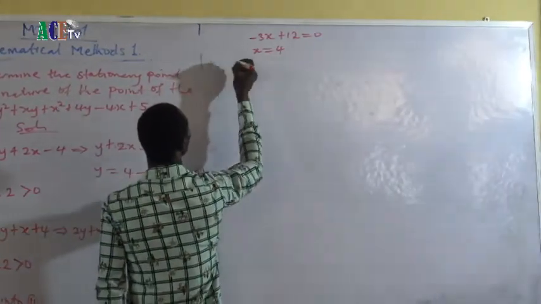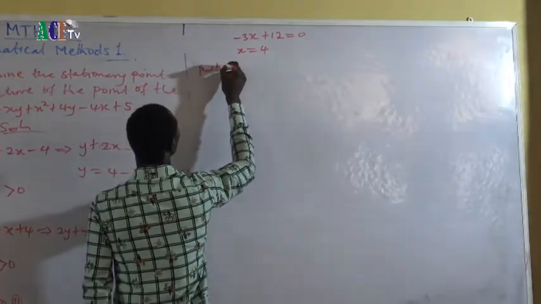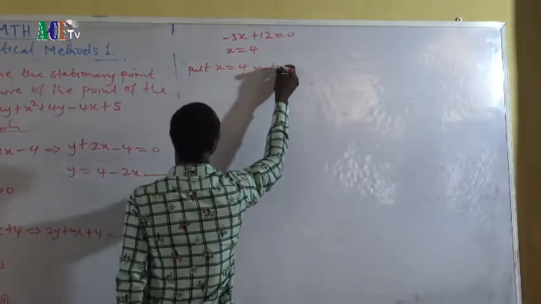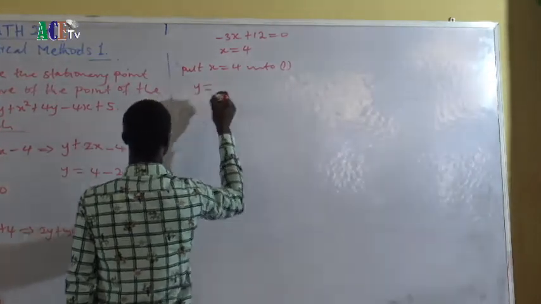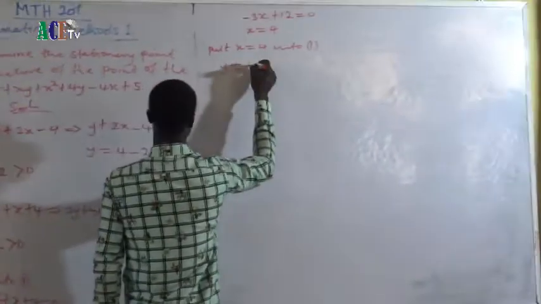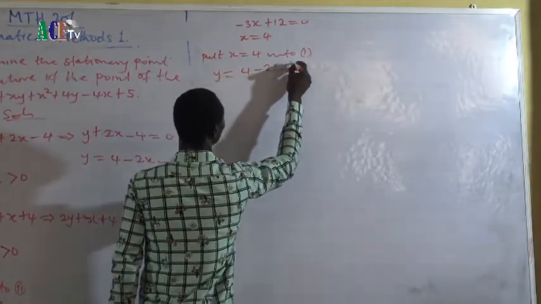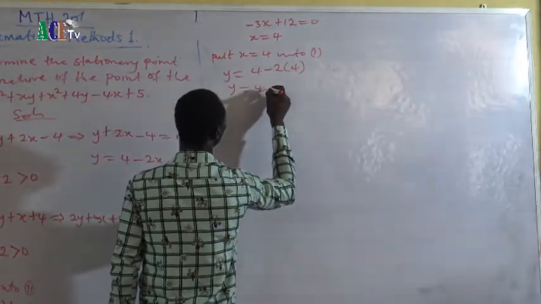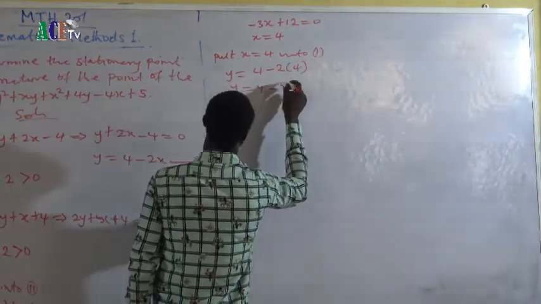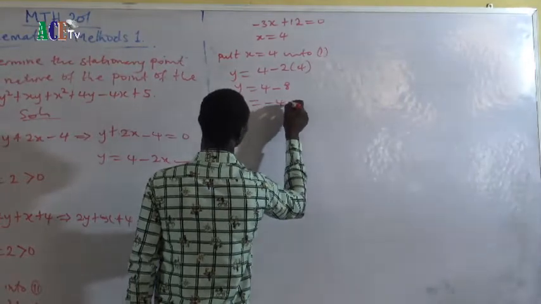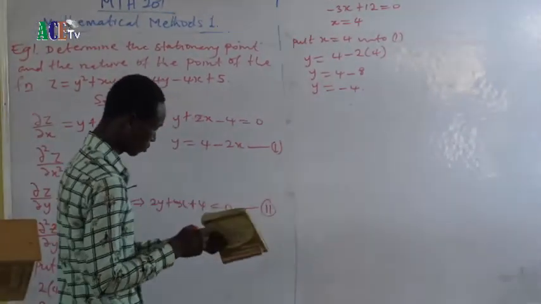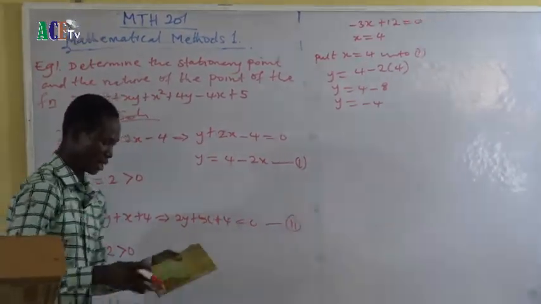Then put x is equal to 4 into equation 1. I will have y is equal to 4 minus 2 into 4. y is equal to 4 minus 8. y is equal to minus 4. Can you see?